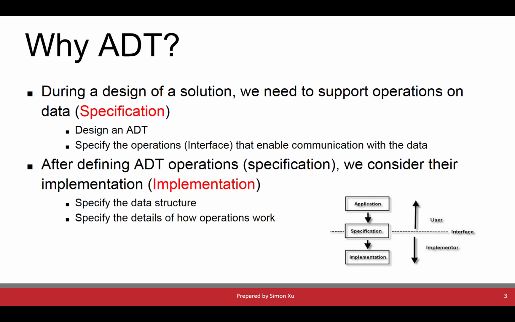First, we need to understand what kind of data and what kind of operations we need to provide to the abstract data type. This is called the specification or design stage. After defining abstract data type operations, we need to consider the implementation. For example, how to store the actual data, and how to implement those operations.